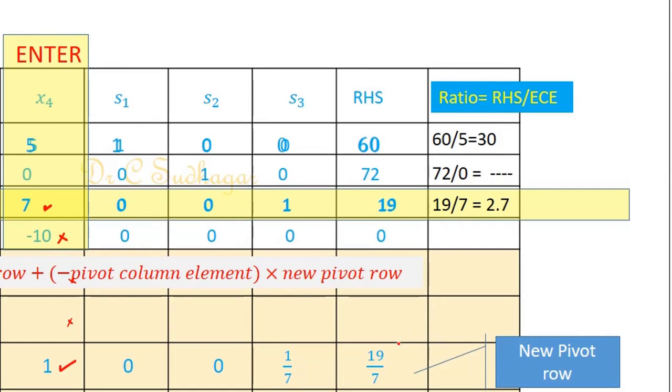Same thing we are going to do here. What is the rule we are going to use? The new S1 row will be given by the old S1 row plus negative of the pivot column element. What is the pivot column element? Here it is plus 5, so I am going to put it as minus 5 into the new pivot row. The new pivot row is x4 new.